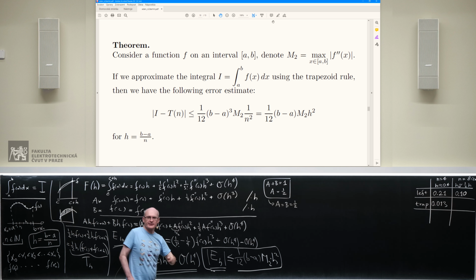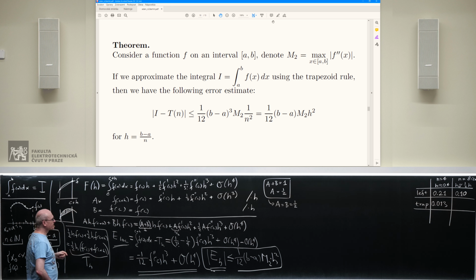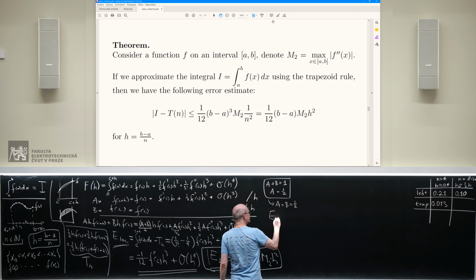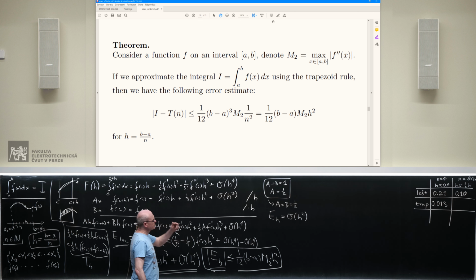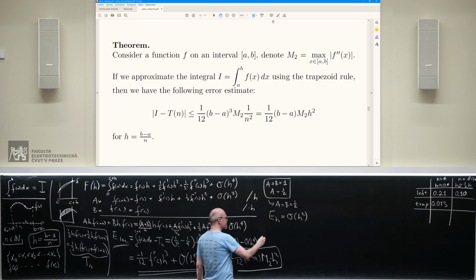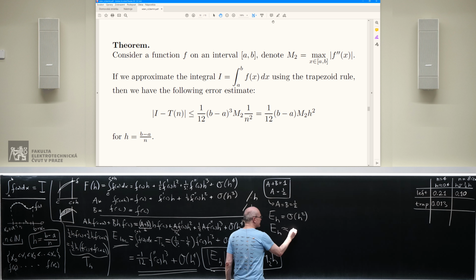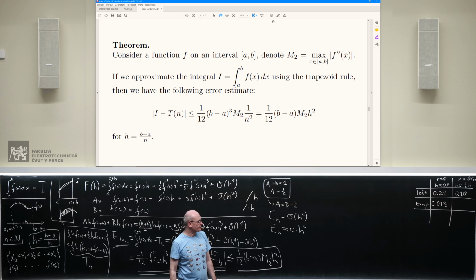And again, let's talk about some interpretation. So first of all, we can write that E_h is O(h squared). It's a method of order 2, very important, which means that in particular, if I use step size h, then with a bit of luck, this error will be proportional to h squared. What does it mean?